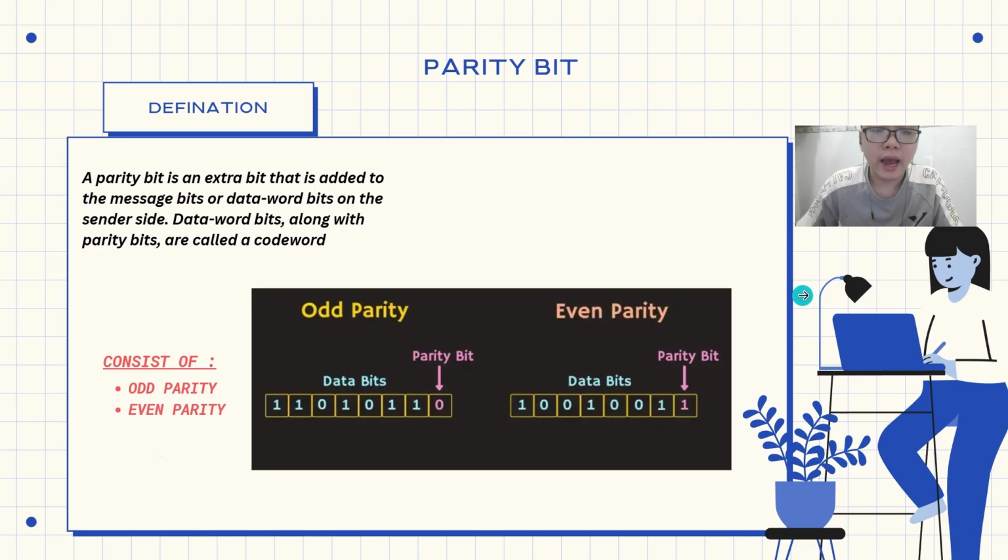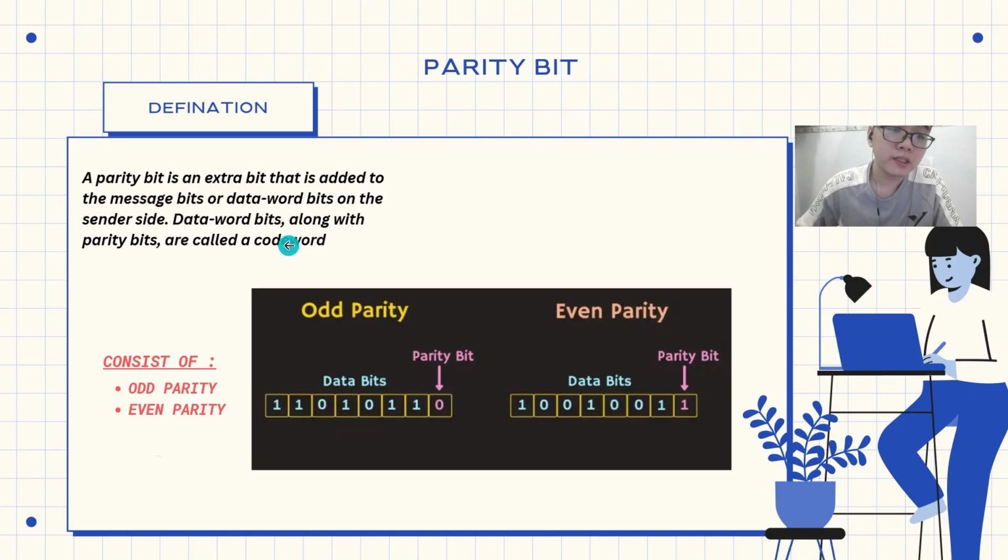Parity is an additional binary bit added to the data word to ensure that the total number of ones in the sequence is either even or odd. You can see here a parity bit is an extra bit that's added to the message bits or data word bits on the sender side. The data word bits along with the parity bit are called the code word.